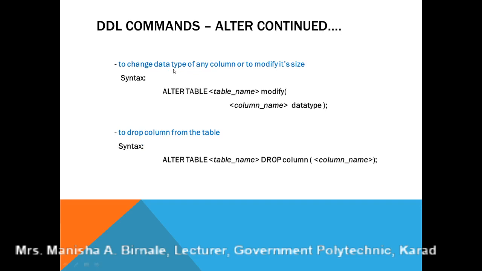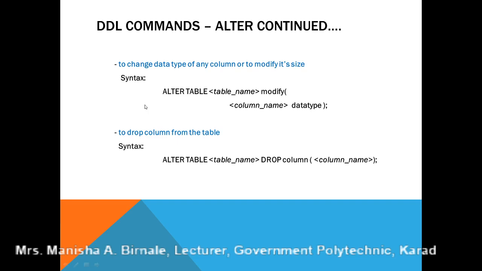You can change the data type of any column, or you can modify the size of the data type of any column in the table. For example, suppose in your student table there is an address column, and its data type is varchar 10.